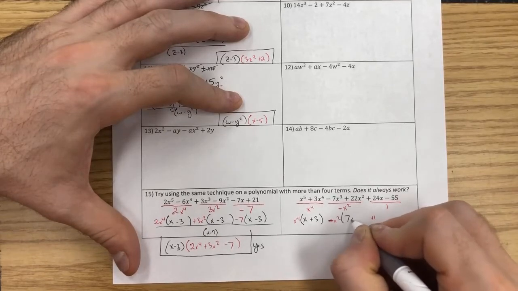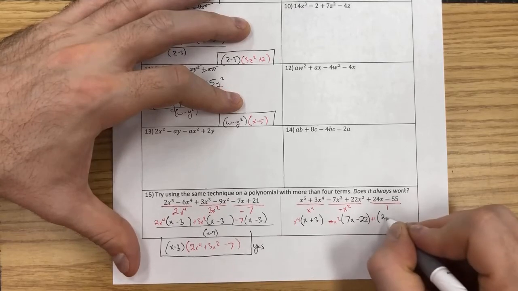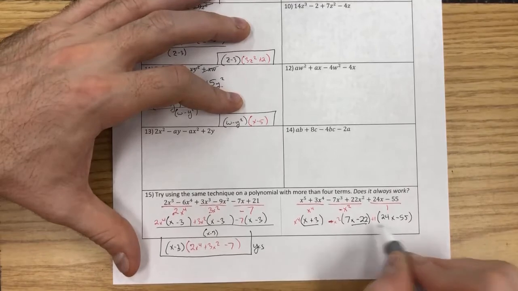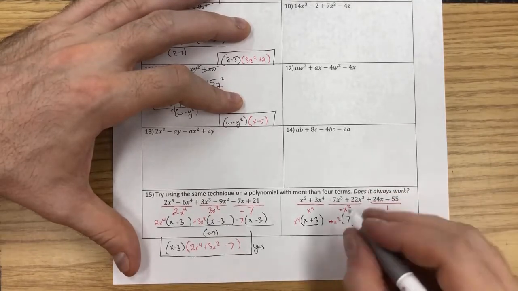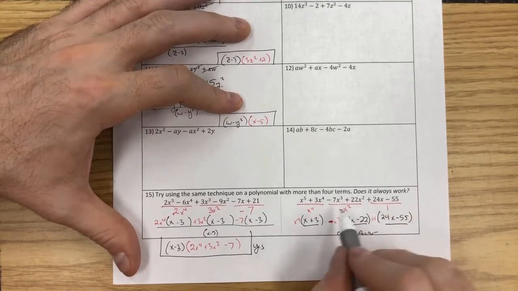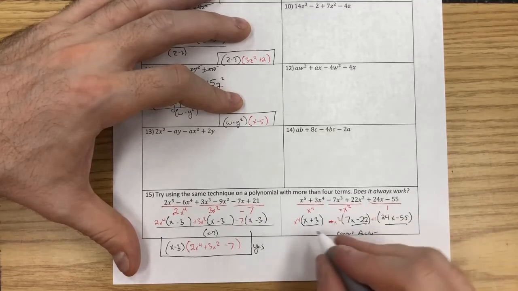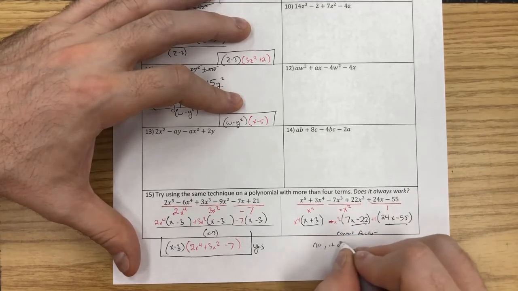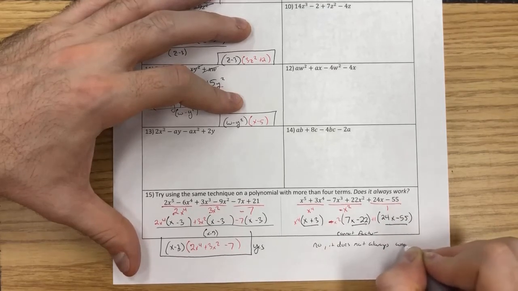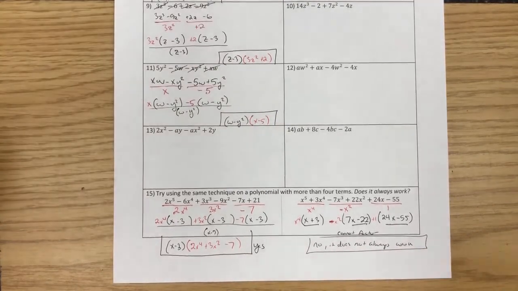That's going to leave me with a 7x minus 22. That's going to leave me with a 24x minus 55. And what we notice is that these are not the same thing, so I cannot factor this way. And if I group them up differently, I would still run into the same problem. So if I cannot factor this, no, this does not always work. And we'll have to learn different ways to solve these questions. There we go.